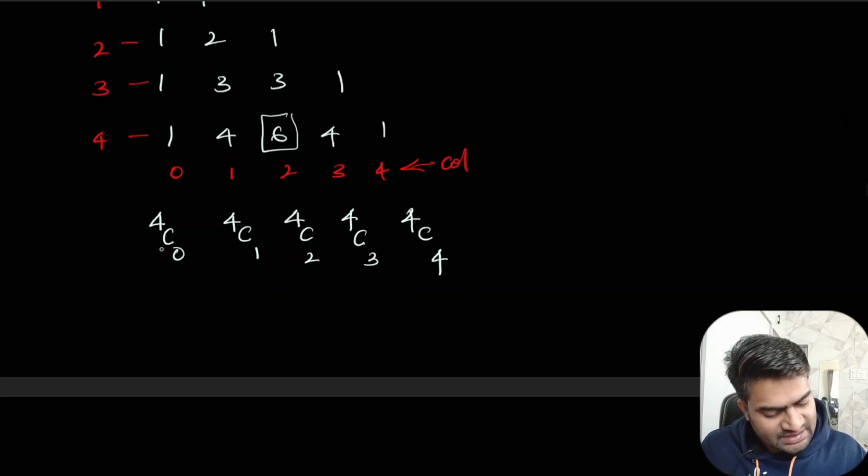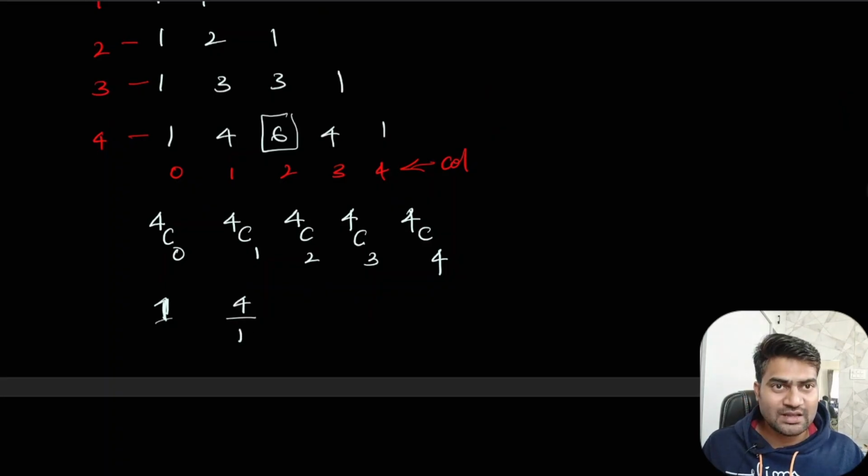So basically it is 4C0, which is 1, correct, right? Any value combined with 0 will give only 1, and 4C4 will give us 1. So let us see that later, but first value would be 1 now. Now how do we write 4C1? So 4C1 can be written as 4 divided by 1. Why?